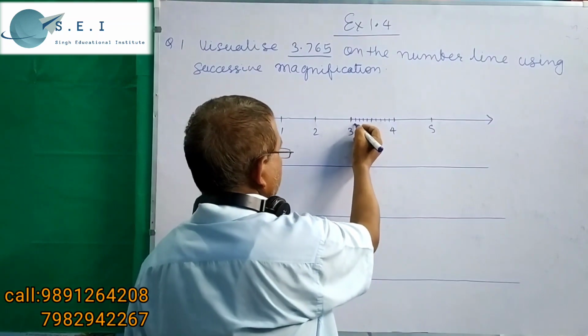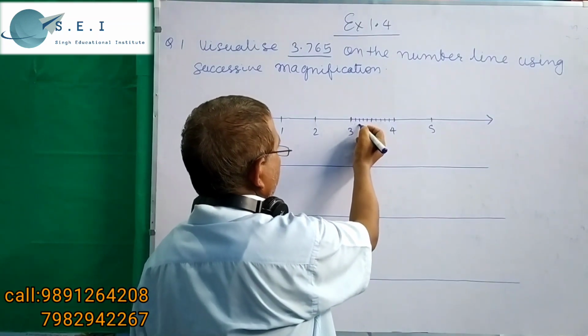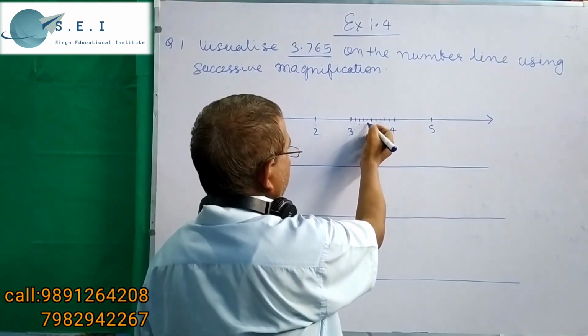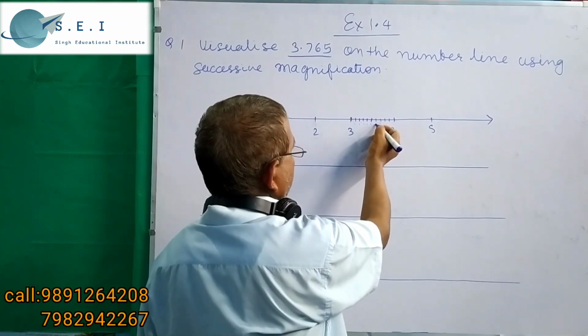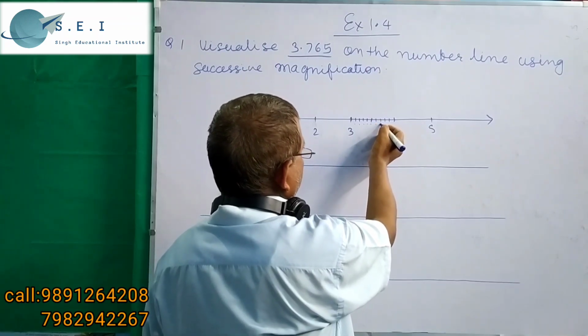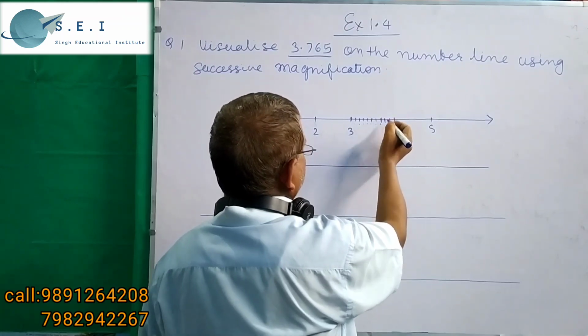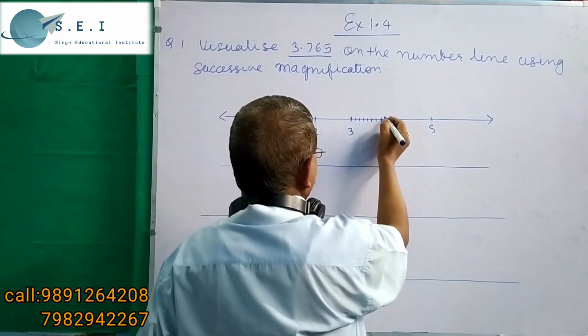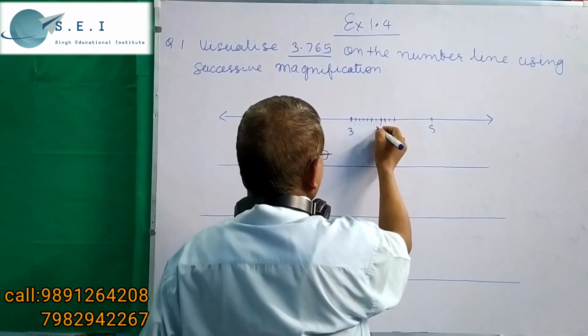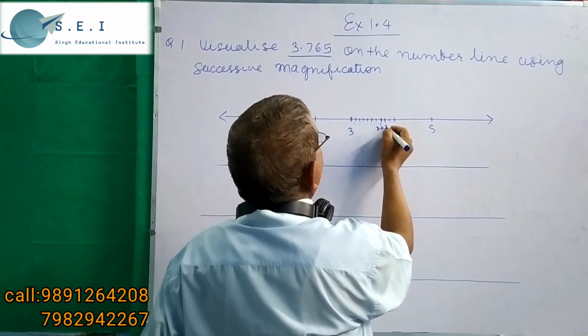This first part is 3.1, 3.2, 3.3, 3.4, 3.5, 3.6 and here is 3.7 and 3.8. This is 3.7 and this is 3.8.